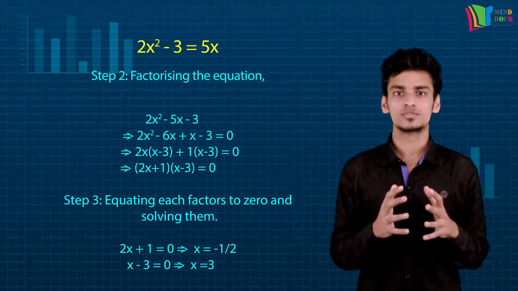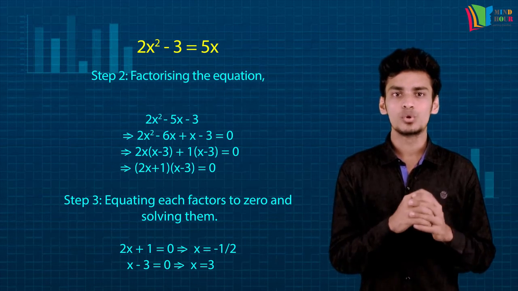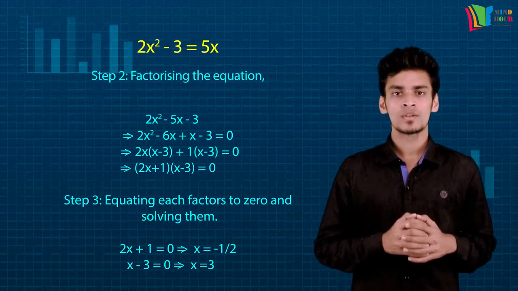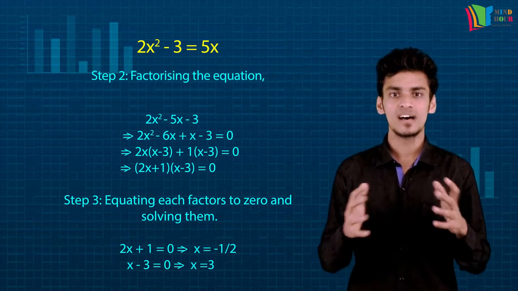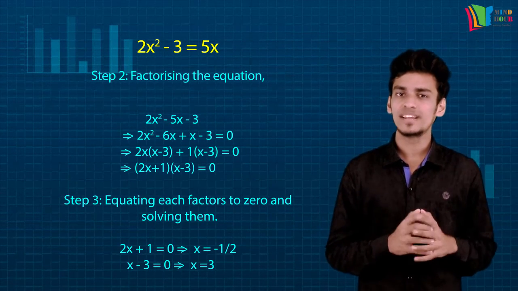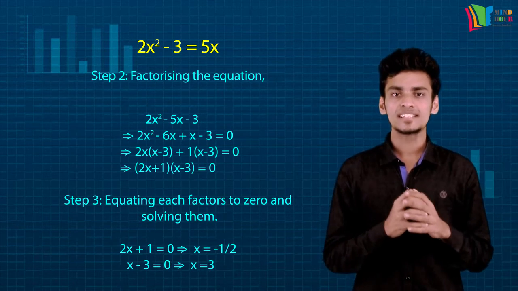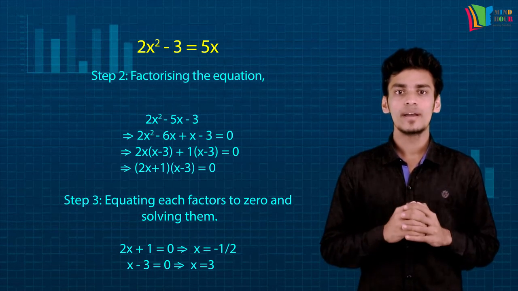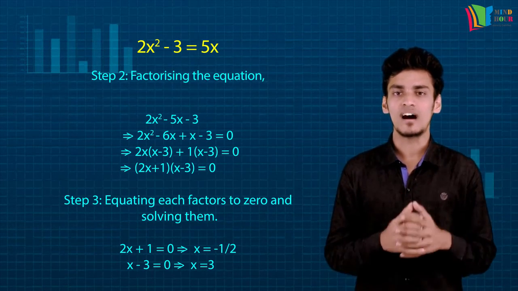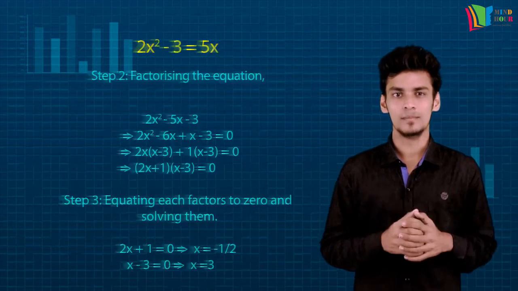Equating each factor to 0 and solving, we get 2x + 1 = 0, which is x = -1/2, and x - 3 = 0, which is x = 3. Therefore, x can take the values -1/2 and 3. It was pretty simple. Let's solve a few more questions.